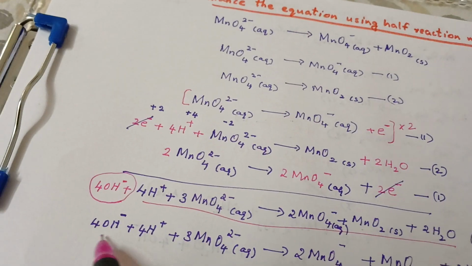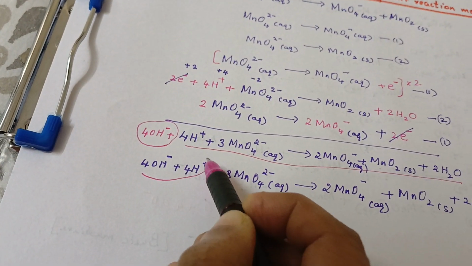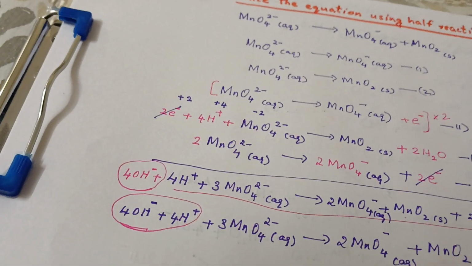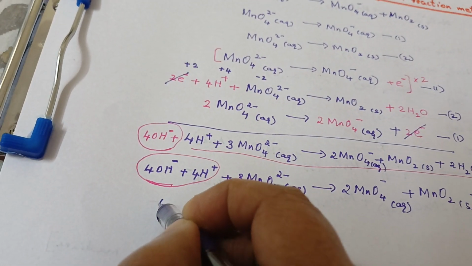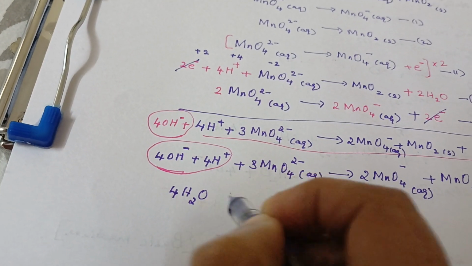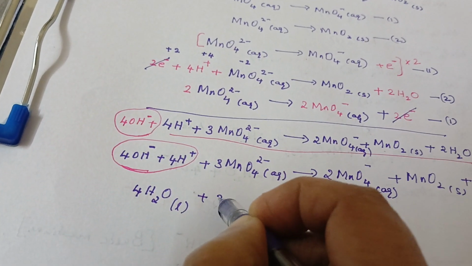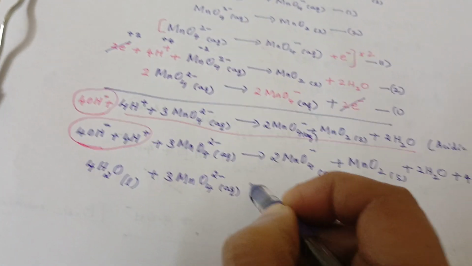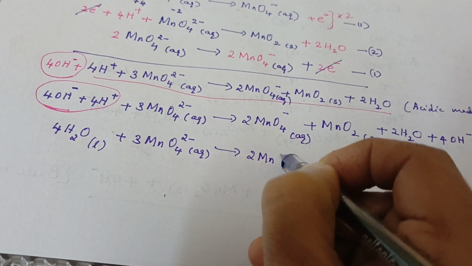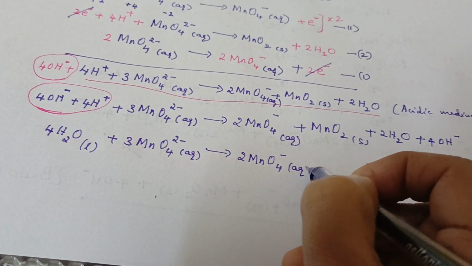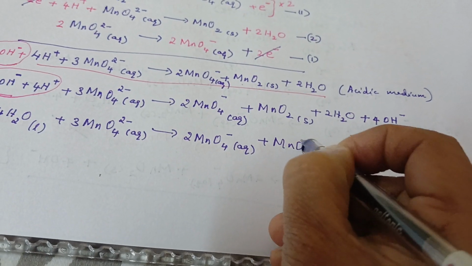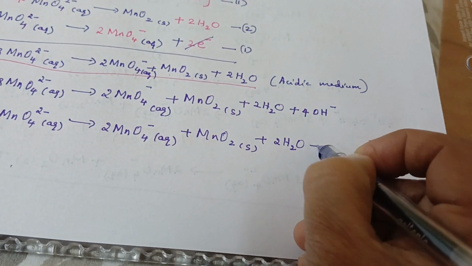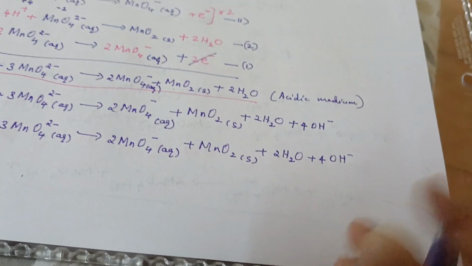Now, what will we get if we add 4OH minus and 4H plus together? We will get 4 molecules of water, isn't it? So we can write 4H2O liquid plus 3 MnO4 2- aqueous, giving 2 MnO4- aqueous plus MnO2 solid plus 2H2O plus 4OH minus.